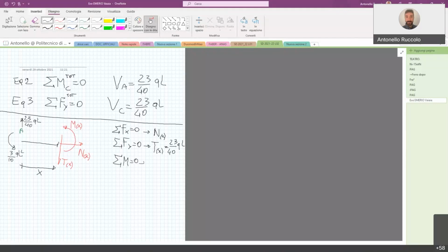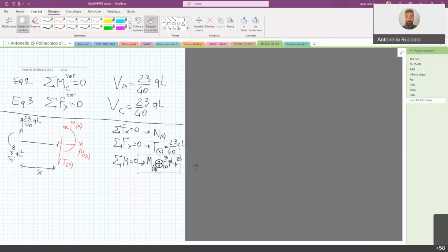So we find out that Mx is equal to minus 3/10 QL to the power of 2 plus 23/40 QL x.